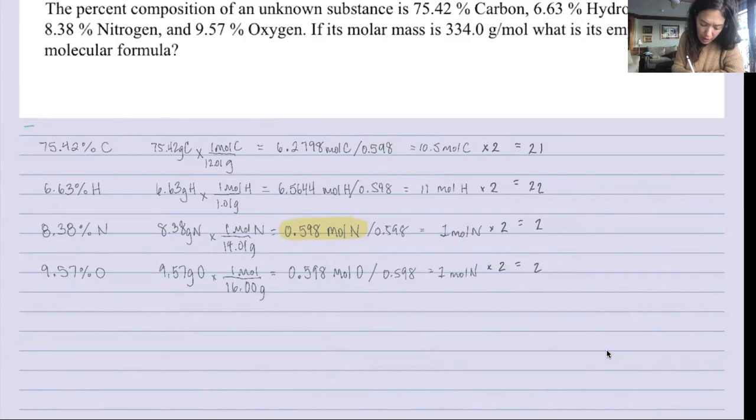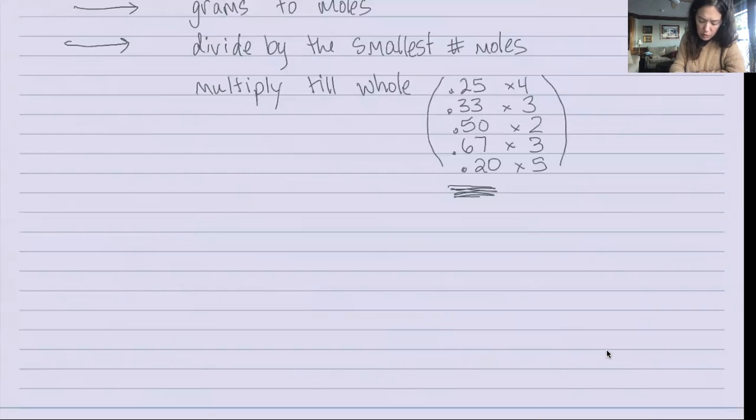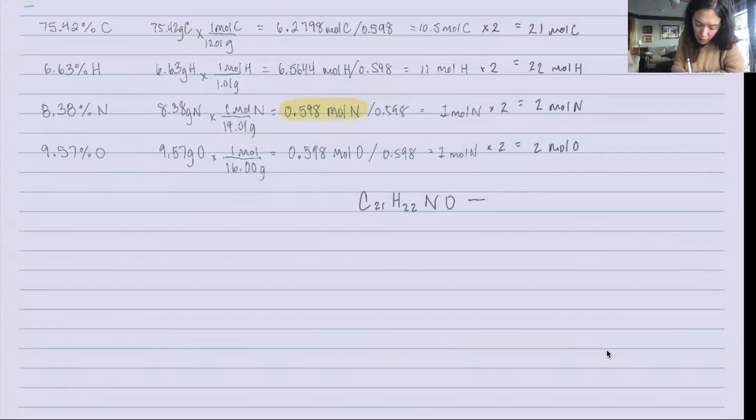So I have, this is moles of carbon, moles of hydrogen, moles of nitrogen, moles of oxygen. So that makes C21H22N2O2. Oops, excuse me. And this right here, my friends, this is the empirical formula. Right? Very cool. Very cool.